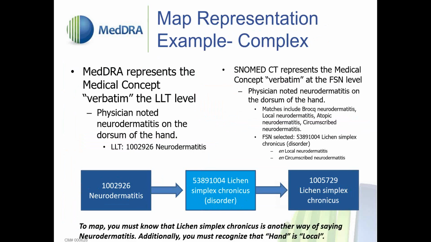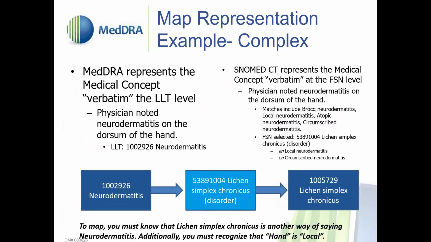Simply looking for neurodermatitis, you would find things like Vidal neurodermatitis, local neurodermatitis, atopic neurodermatitis, circumscribed neurodermatitis. And these are actually synonyms of the FSN that you see here, lichen simplex chronicus. So the concept of neurodermatitis LLT was mapped in through local neurodermatitis to the FSN of lichen simplex chronicus disorder.